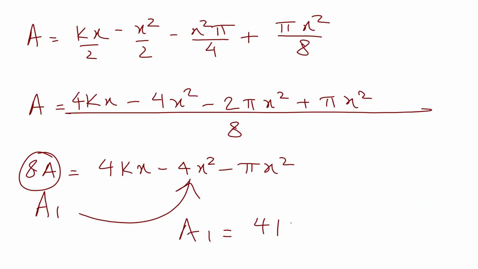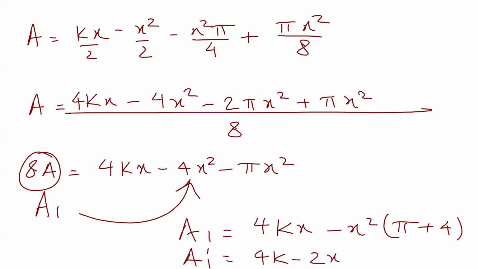A1 is equal to 4kx minus x square times 4 plus pi. Now we are going to derive this twice. A1 is this. So A1 dash is equal to 4k minus 2x times 4 plus pi.